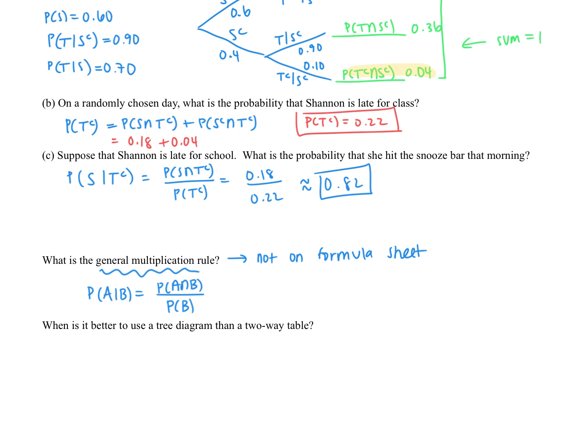That's just on the formula sheet. So all that the multiplication rule does is it takes that formula and it solves for A and B. So A and B is the probability of A given B times the probability of B. That is not something that you need to memorize. All you're doing is going off of the formula that you are given on the formula sheet.